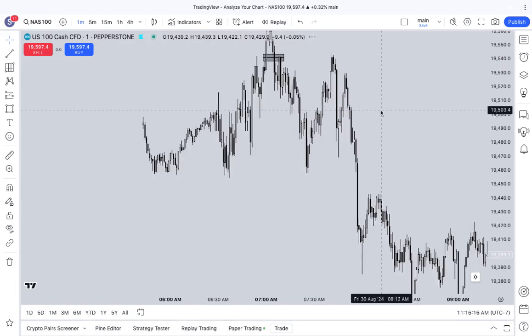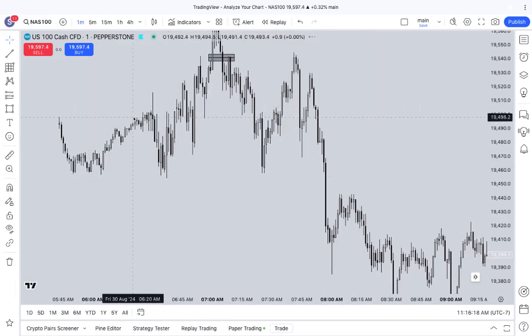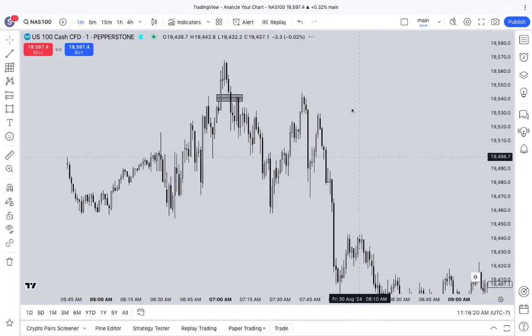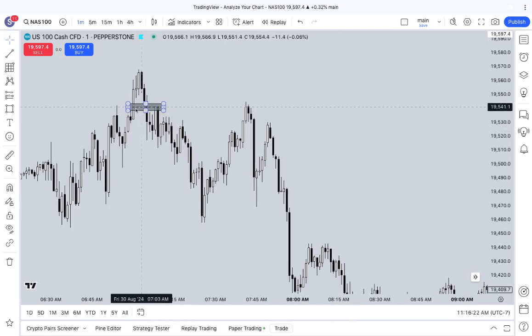Alright, so this is yesterday. This is the open right here. Let's see what we got. So this was me explaining the fair value gaps.